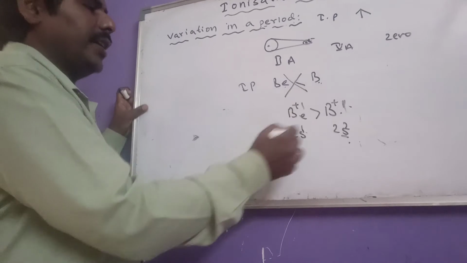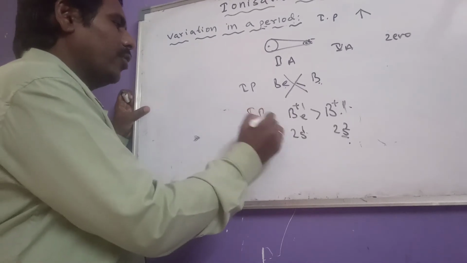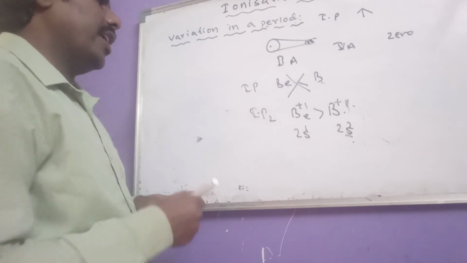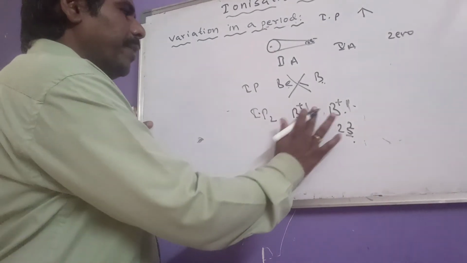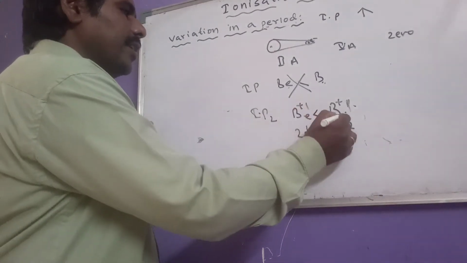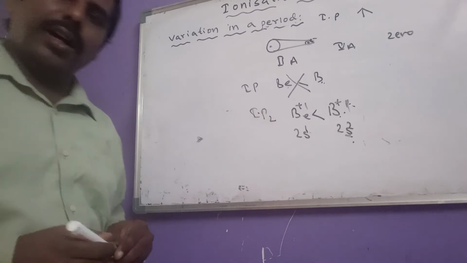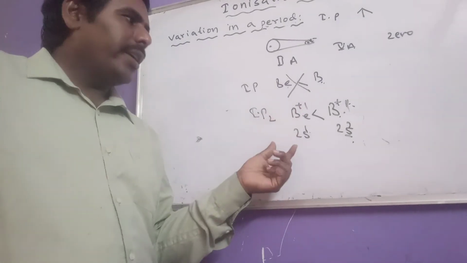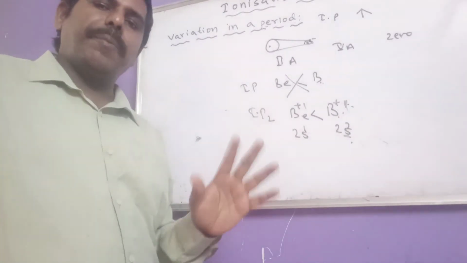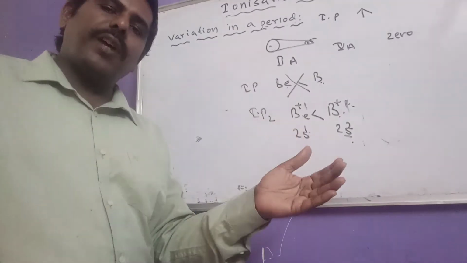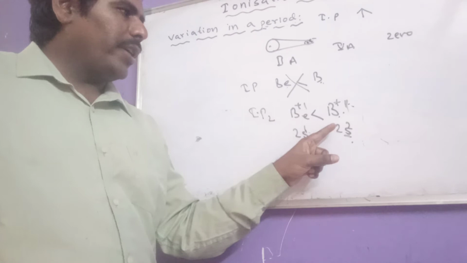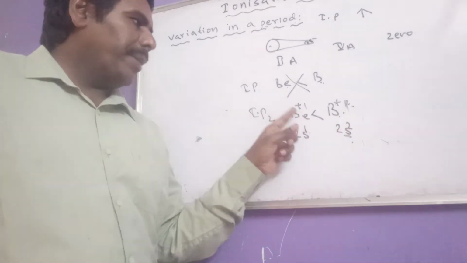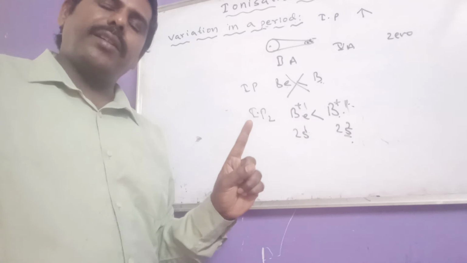Now if you want to discuss IP2, the second ionization potential of beryllium plus is less than that of boron plus, because after removal of one electron, here 2s2 means paired electrons are there, but in the other just an unpaired electron is there.